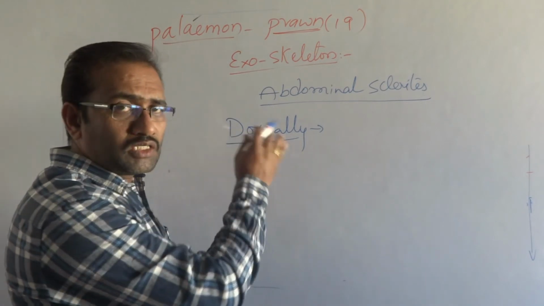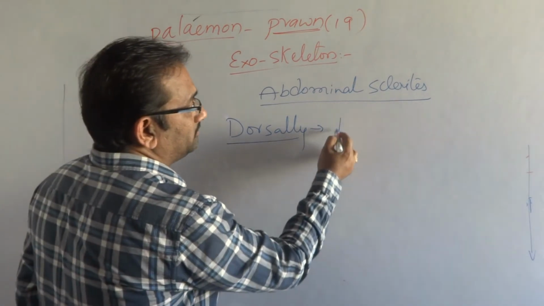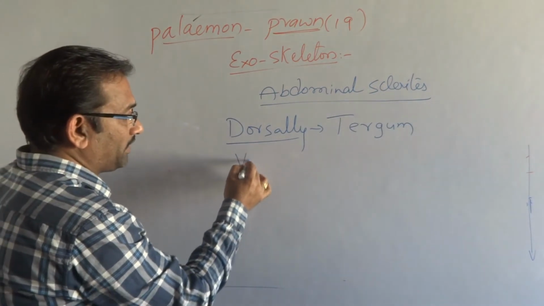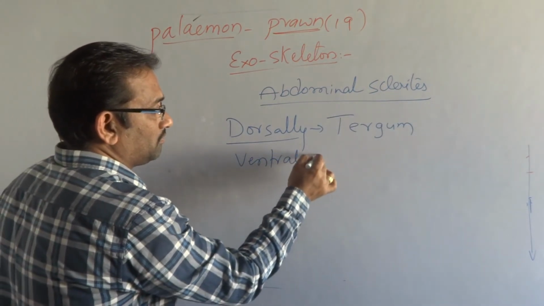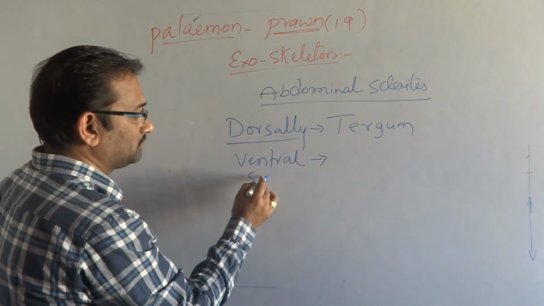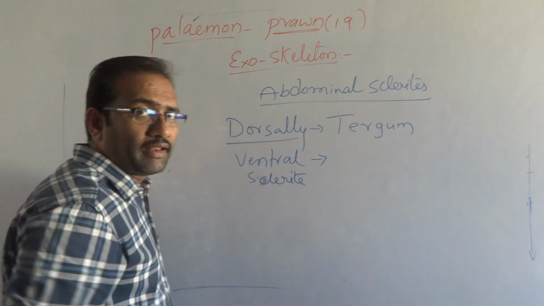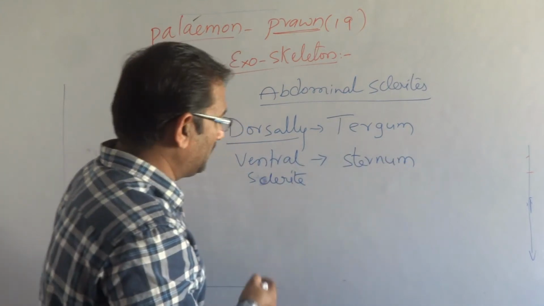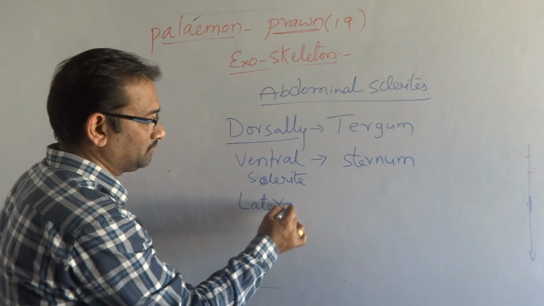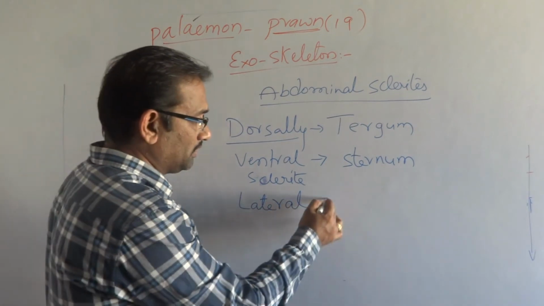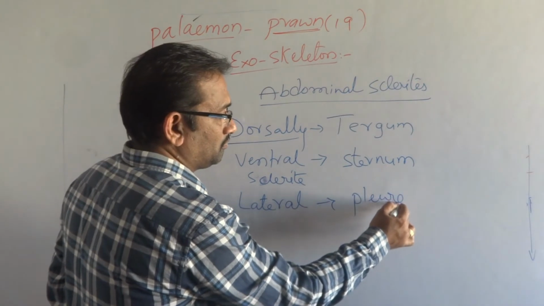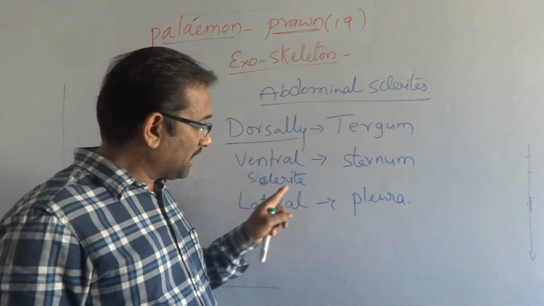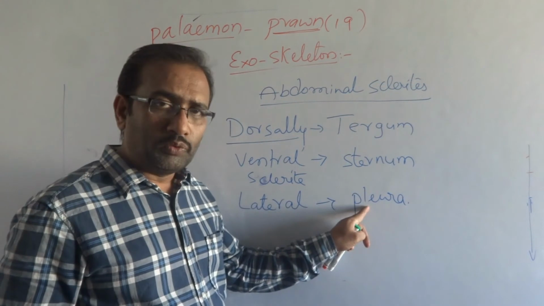The uppermost or dorsal sclerite is called the tergum, the ventral sclerite is called the sternum, and the lateral sclerites are called pleura.